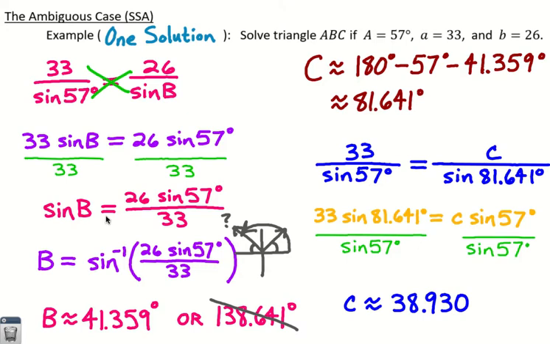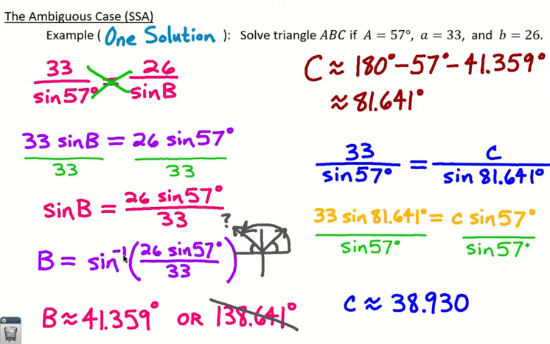Again, sorry to be a broken record, but you don't really need to look at this and go, wait a minute, that's SSA. This is the ambiguous case. All you have to do is go through the motions of, hey, what I have is big A and little b. I can find big B by using this proportion, but when I actually execute all these steps, I end up doing the inverse sine.